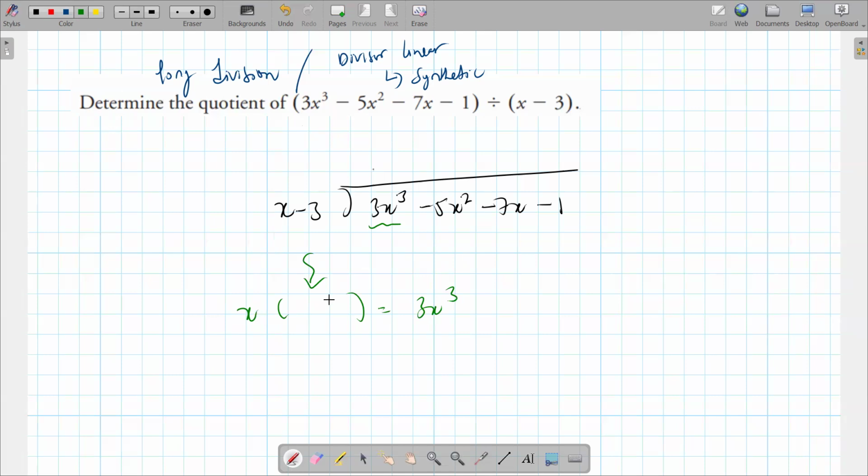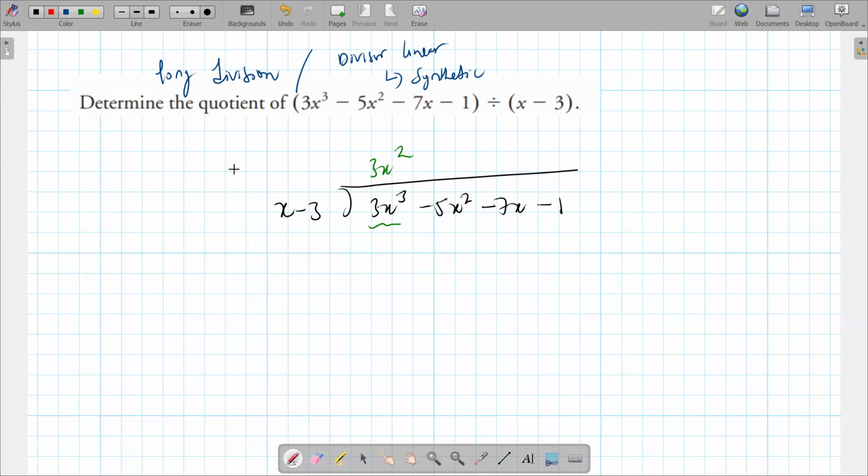What do you multiply x with to get 3x cubed? It's simply 3x squared, yeah? It's not that tricky. It's 3x squared. So that's what goes up top here. 3x squared.